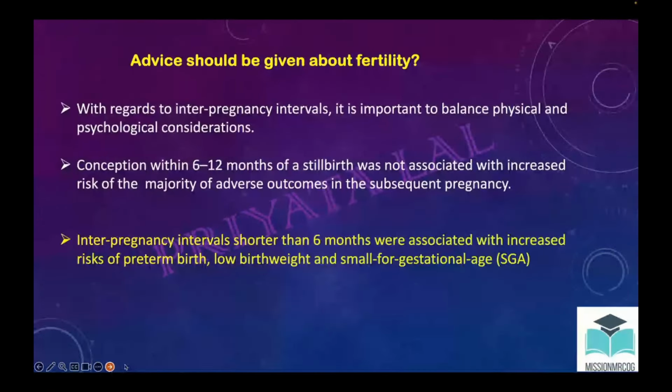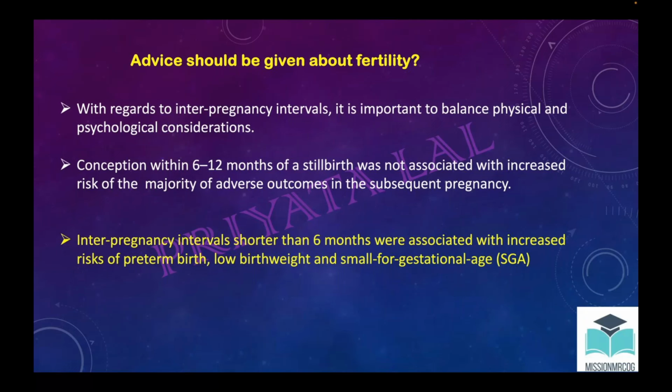Now, what advice can be given for fertility? Usually, if the inter-pregnancy interval is very short, less than 6 months, then there is an increased chance for the upcoming baby to have low birth weight, preterm birth, and SGA. So if it is after 6 months, or in between 6 to 12 months, usually it is not associated with any major adverse outcome in the subsequent pregnancy.